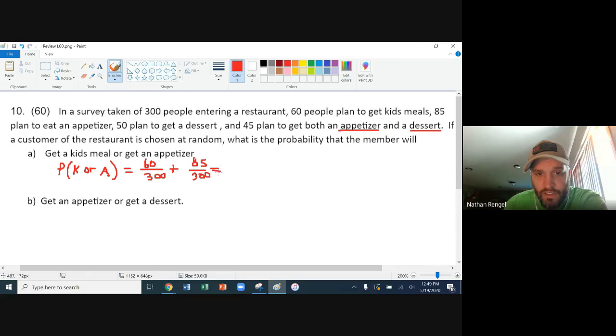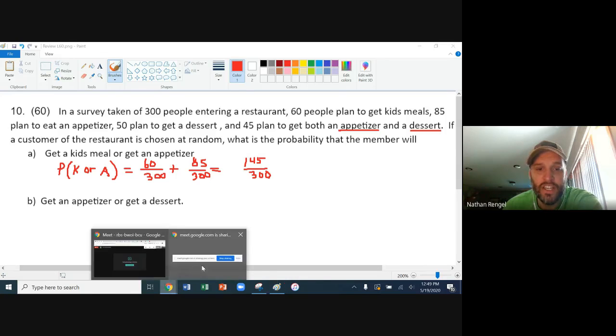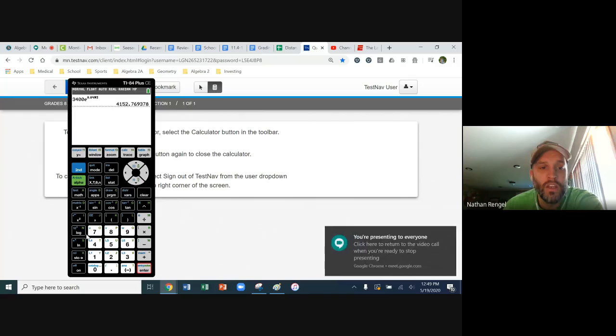Figure out what's the chances of somebody getting one or the other. We're going to add those together, 145 over 300. We could leave it as 145 over 300, or we could simplify that down. I'm just going to leave it as that. We'll head to our calculator.